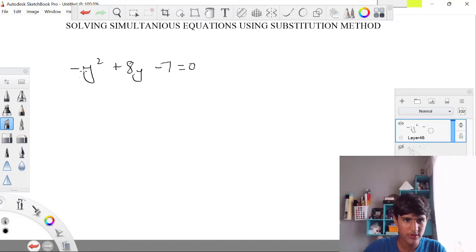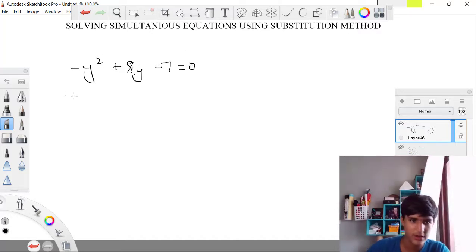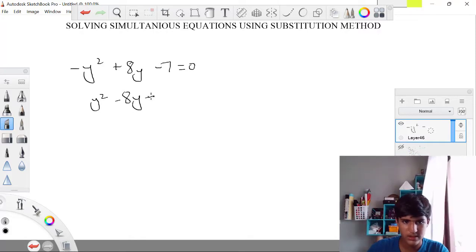So I'm going to take minus 1 common and shift it to the other side, which is 0 divided by minus 1, which is 0. y squared minus 8y plus 7 is equal to 0.